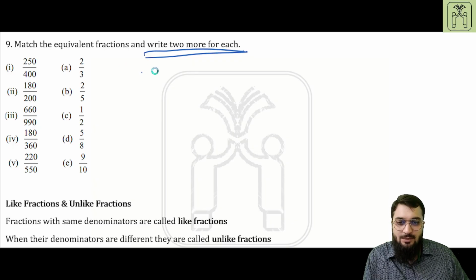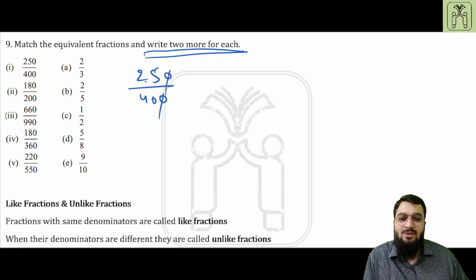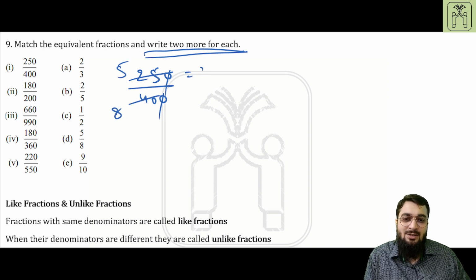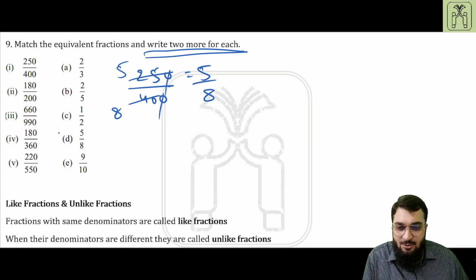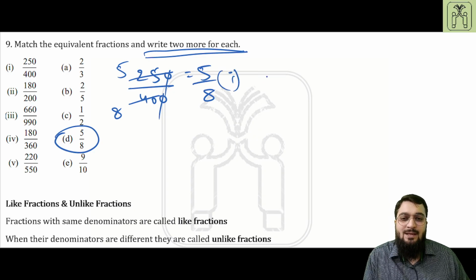So 250 upon 400 is taken, divide by 10 first of all, this will give 25 upon 40, then divide by 5, this will give 5 upon 8, and this will be the final answer. If I look for 5 upon 8, you can see that 5 upon 8 is over here, therefore 1 is matching with D.